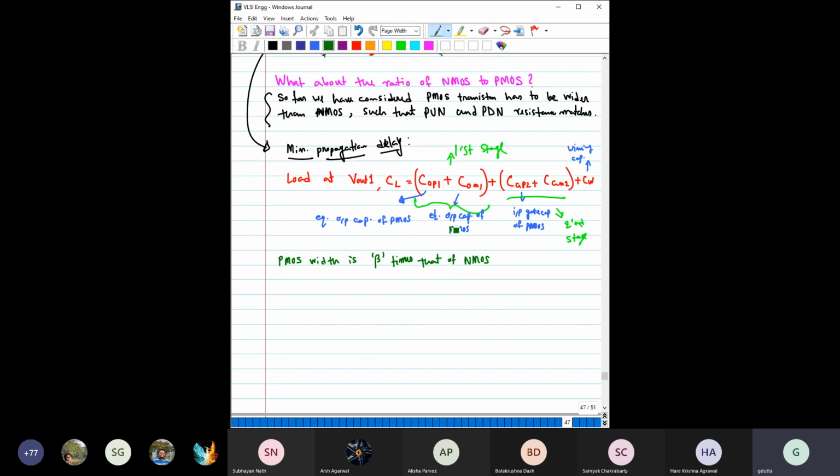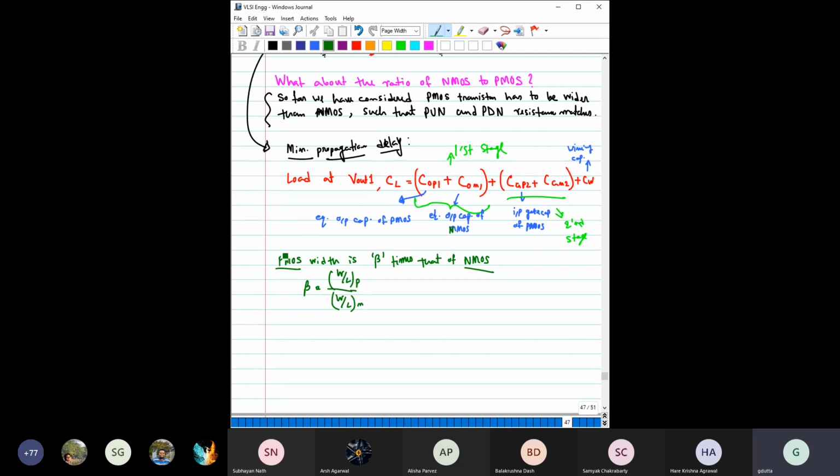You have to be careful, sometimes I write small n, sometimes capital N. So the PMOS width is beta times that of the NMOS, which means beta is the W by L ratio of the PMOS divided by the W by L ratio of the NMOS.